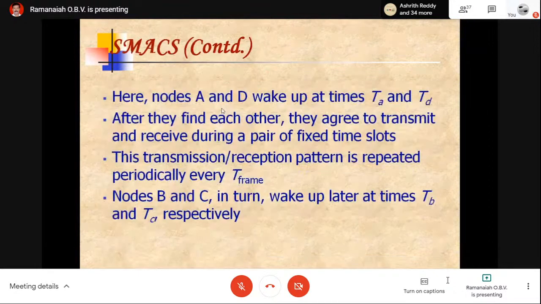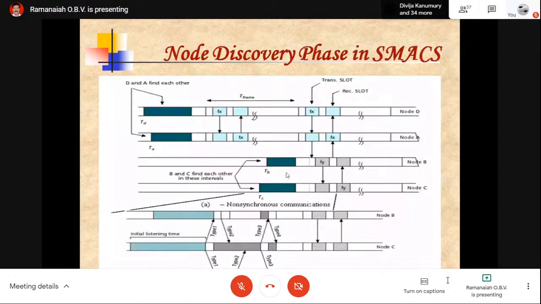So now the next part is how do they get assigned a channel, right? So the transmission reception pattern is repeated periodically for every T frame, right? That is the thing you should understand here. T frame is indicated.